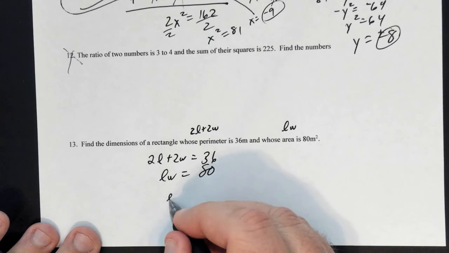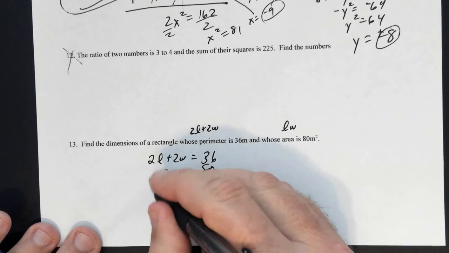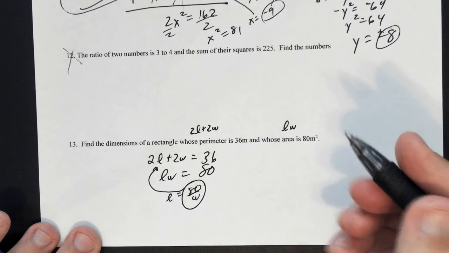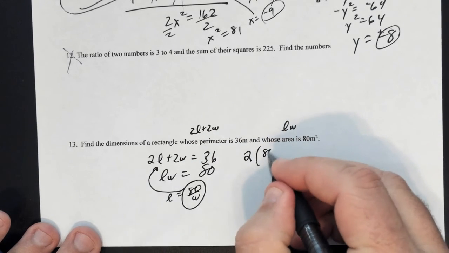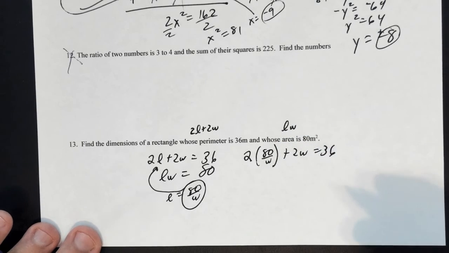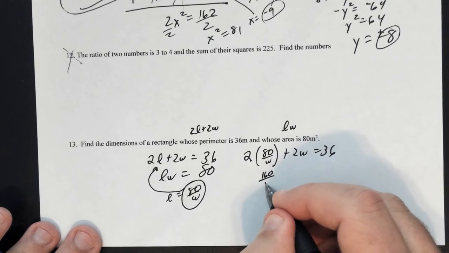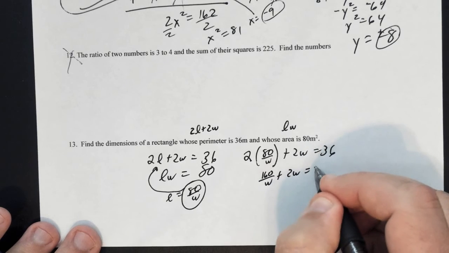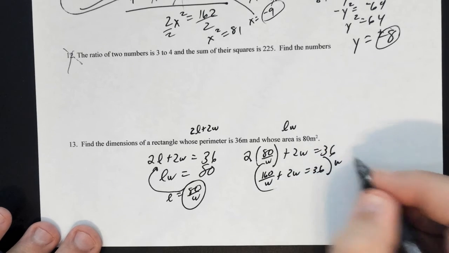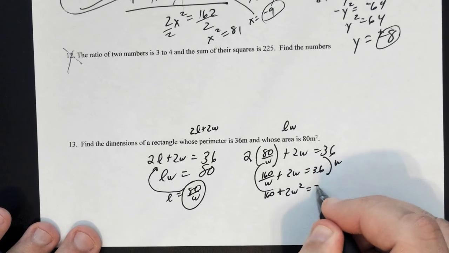So let's say L is 80 over W. And then we're going to plug that back in for L. So we're going to get 2 times 80 over W plus 2W is equal to 36. We're going to solve for W. That's going to be 160 over W. And we're going to multiply everything by W just to get rid of the fraction. 160 plus 2W squared is equal to 36W.